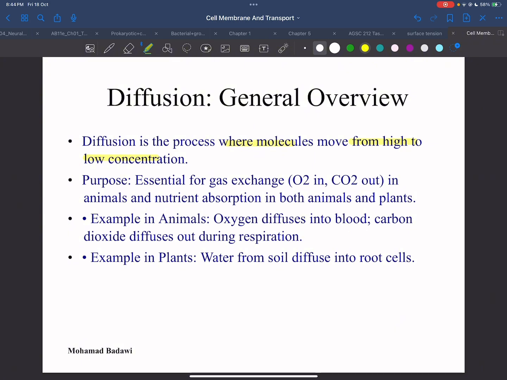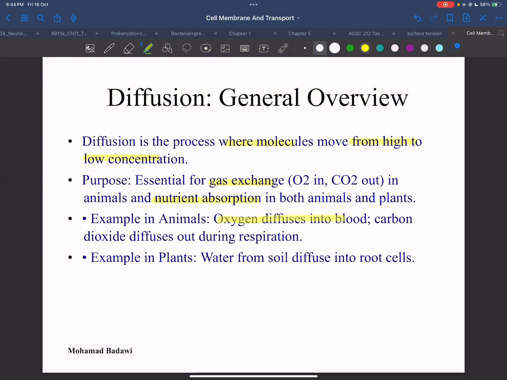Now, why does diffusion occur? Why is it important? It's important in both animal cells and plant cells. It's important for gas exchange, and it's also important for nutrient absorption. For example, why do we breathe? We breathe to bring in oxygen and expel carbon dioxide. Now, how does this process occur? This process occurs through diffusion.